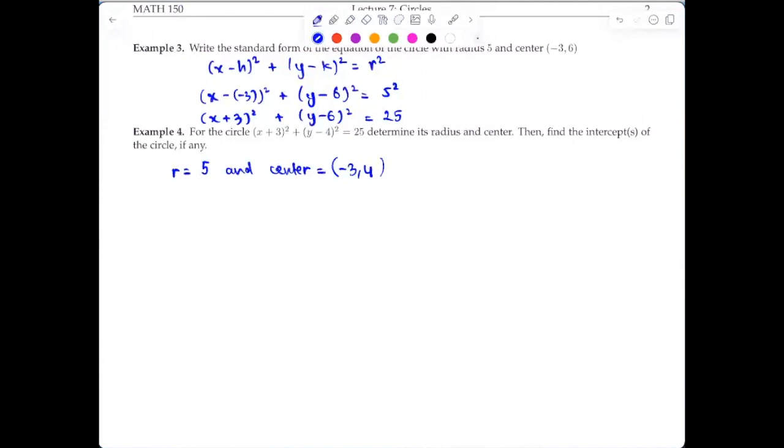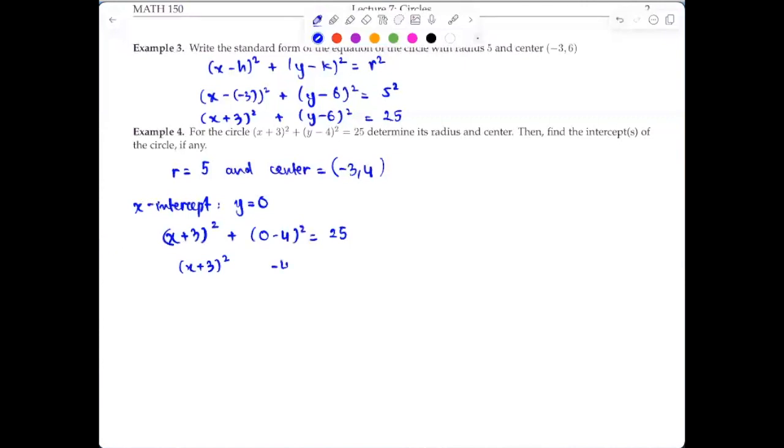When you say x-intercept, what is the y value equal to? 0, right? So for x-intercept, y equal to 0, right? Then you do x plus 3 squared plus 0 minus 4 squared equal to 25. And you solve for this.